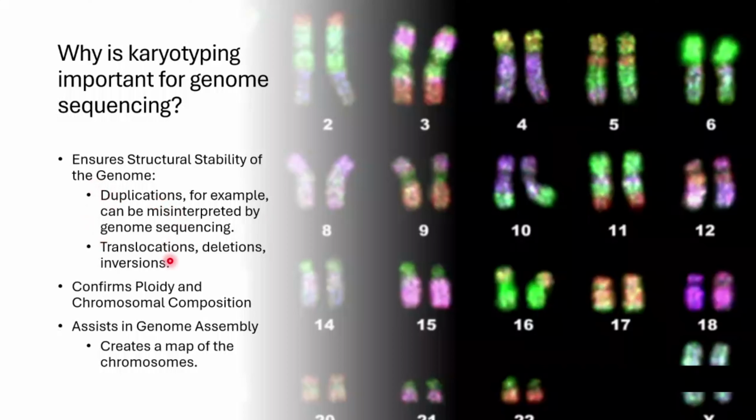Obviously, we've seen translocations and inversions. We didn't see deletions. And I'll explain a little bit about why we need karyotyping before sequencing.